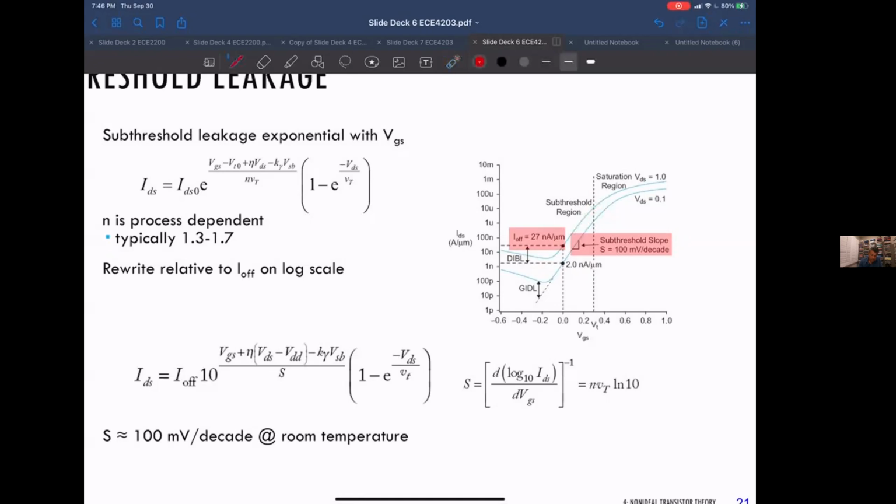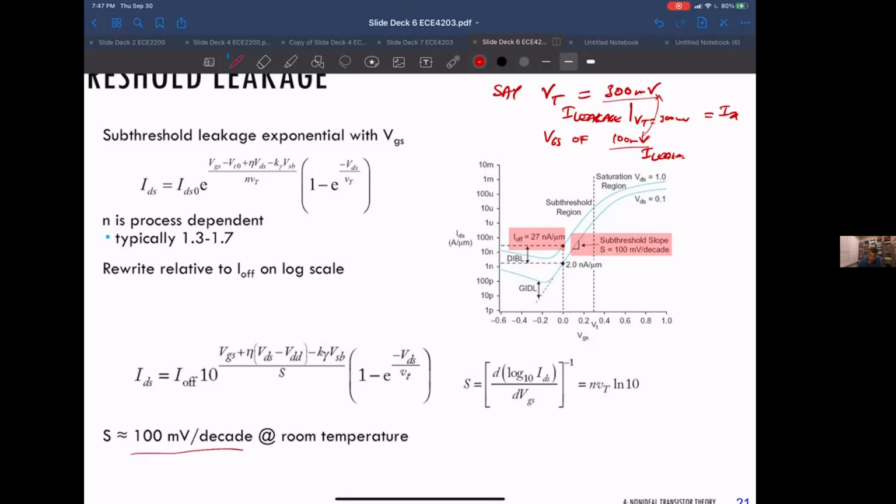Just write it down so I don't confuse myself. Say VT is 300 millivolts, and I leakage at VT equal to 300 millivolts is I sub X. Then by the time you get to VGS of 100 millivolts, notice this is 200 millivolts below this.